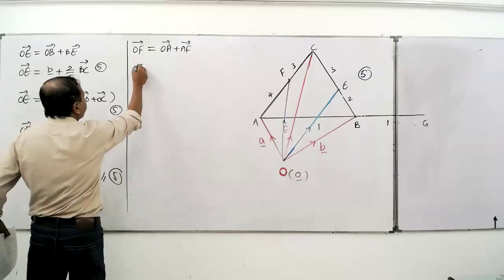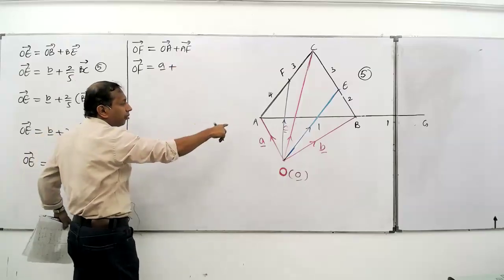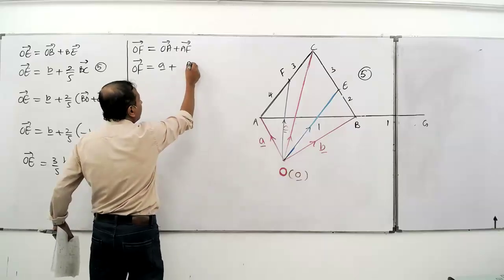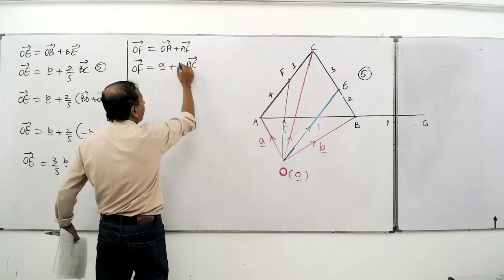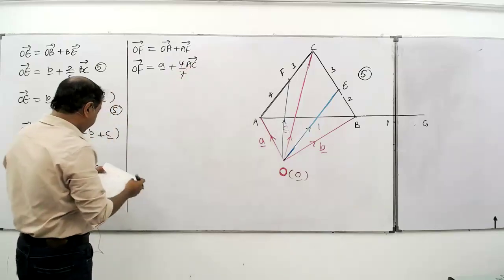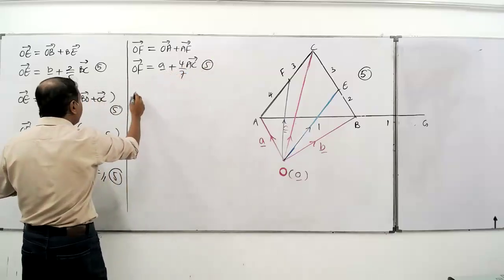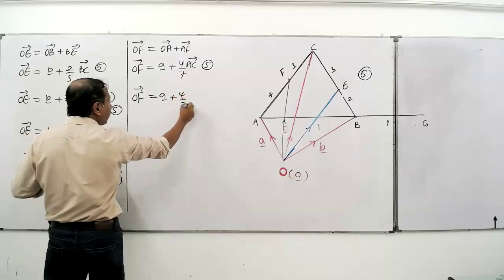So simply, how do we write AF? AF you can write as a part of AC. For the AC vector, you divide 4 by 3 plus 4, which is 7, and multiply by 4. So you get 5 marks. OF vector is 4 over 7 of AC.